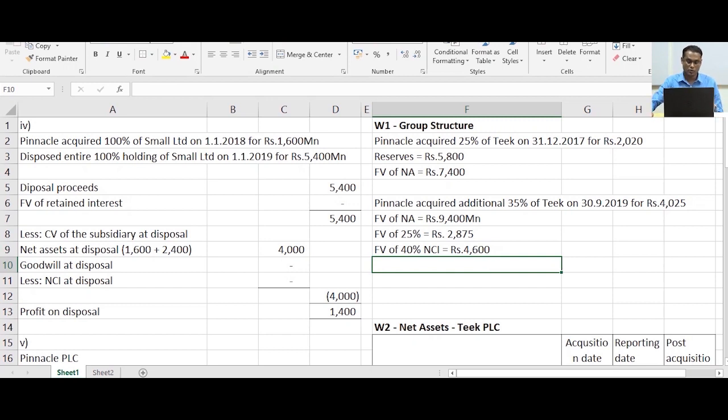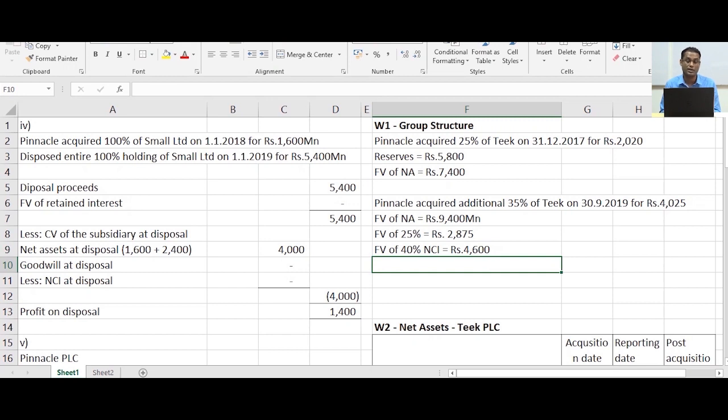Right. About the group structure, this is what we need to have. In this scenario, for the first 9 months, Pinnacle had 25% over Teak, which means it has to be accounted as an associate. It's clearly mentioned in the question that this 25% holding gives significant influence over Teak PLC, which means it has to be accounted as an associate.